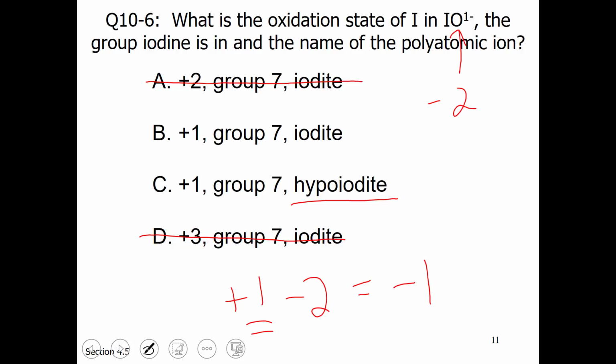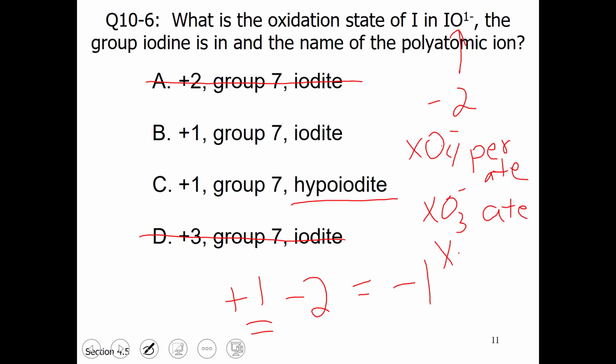So most students do this by memorizing when they're in group 7. And I'm going to use X to represent the halogen. If it's XO4-, then it is a per-ate. If it is XO3-, it's an -ate.